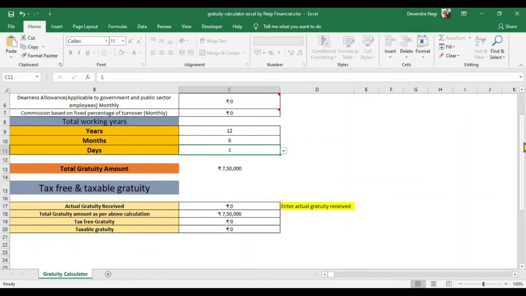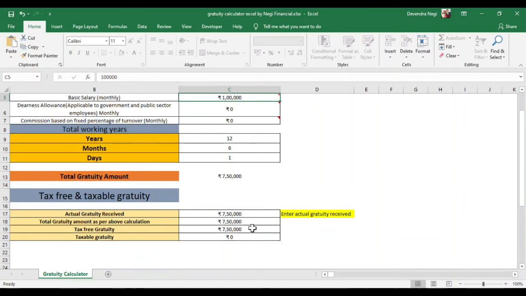And you can also check tax-free and taxable gratuity. Suppose you receive 7,50,000 from your employer, then tax-free gratuity will be 7,50,000 and taxable gratuity is 0.